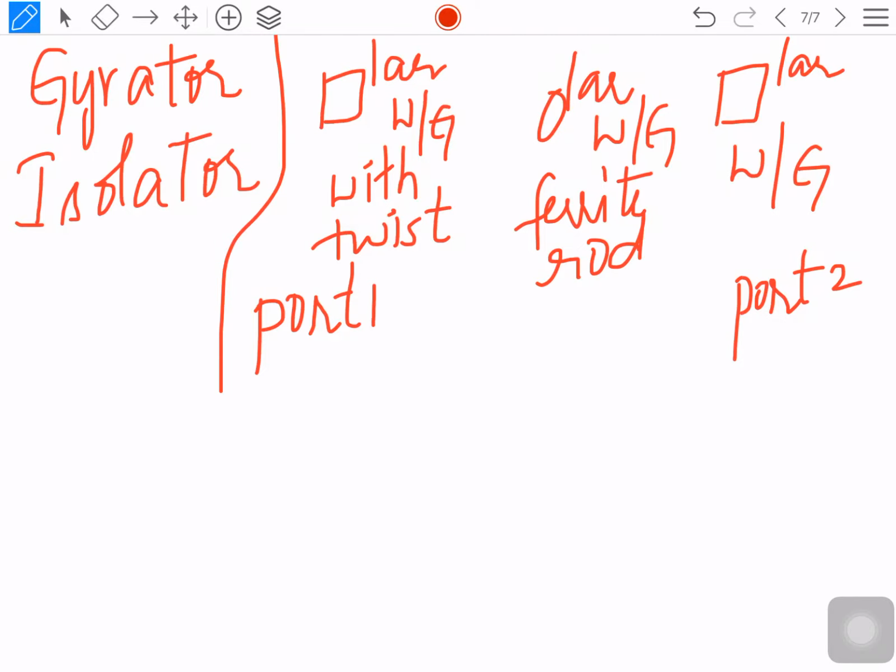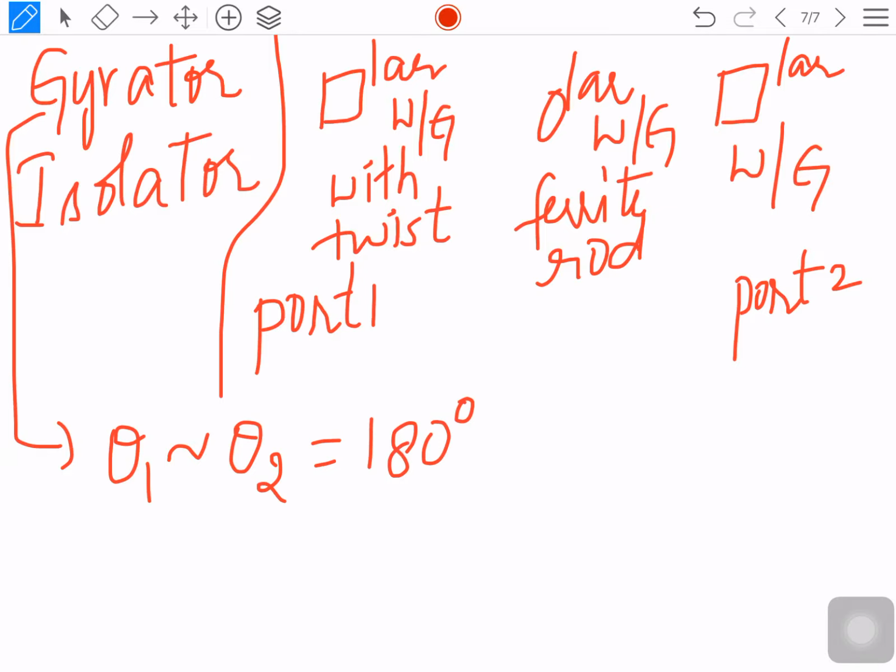Both the devices are 2-port devices, and for the gyrator, the difference in the phases will be approximately 180 degrees between the transmission from 1 to 2 and the transmission from 2 to 1.